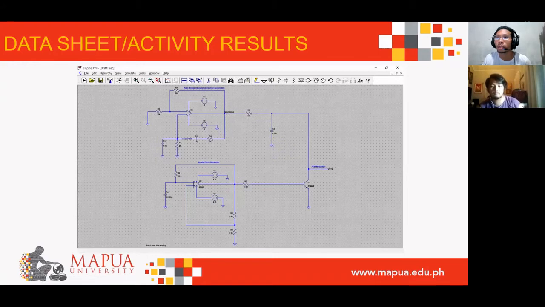Next is the datasheet activities results. In this figure, you can see the schematic diagram using LTSpice of the pulse amplitude modulation circuit. It consists of the sine wave generator. You can see on the top part, the Wien bridge oscillator circuit or the WBO circuit that generates the sine wave. Then on the bottom part is the square wave generator that generates pulses.